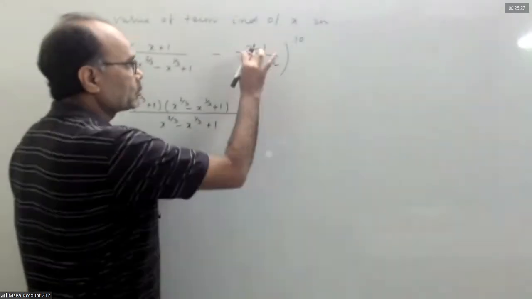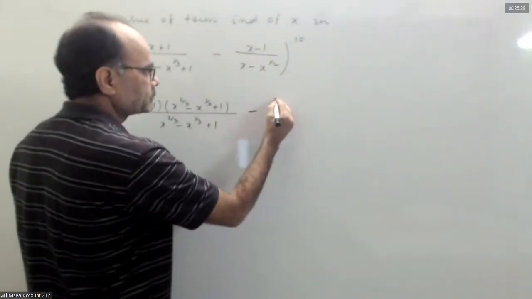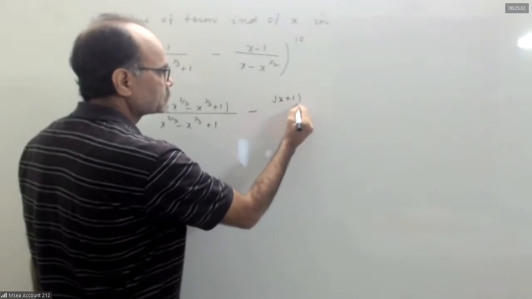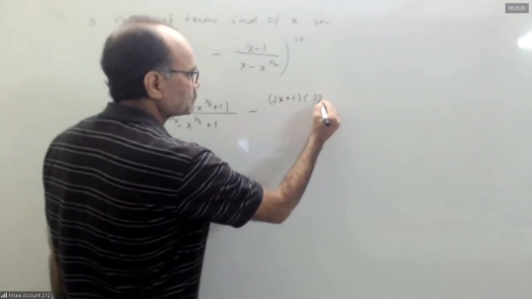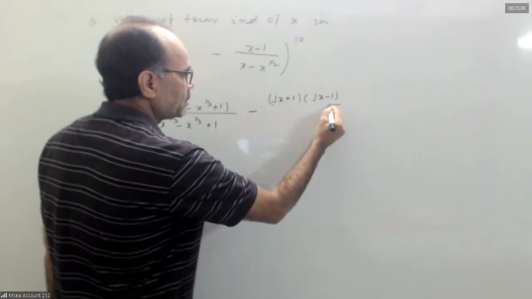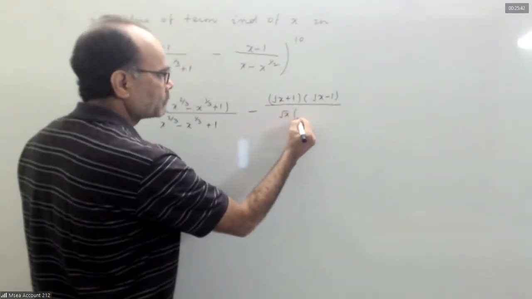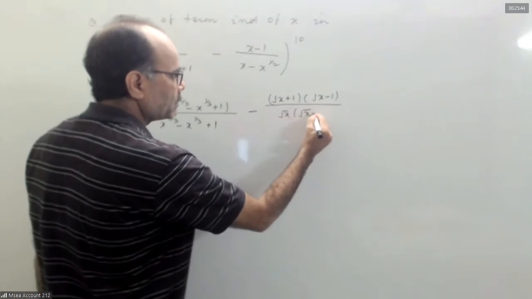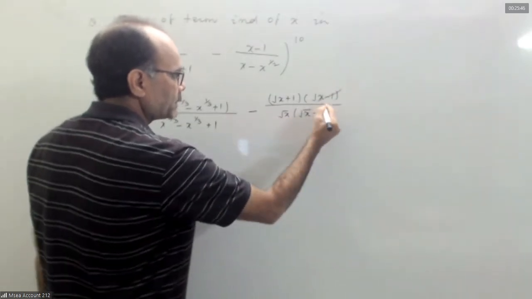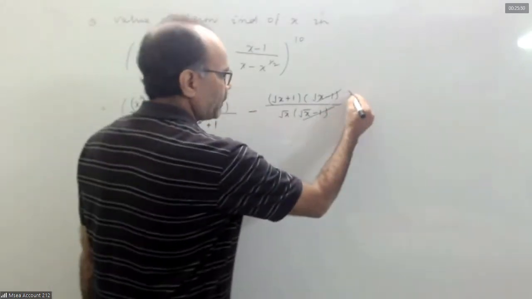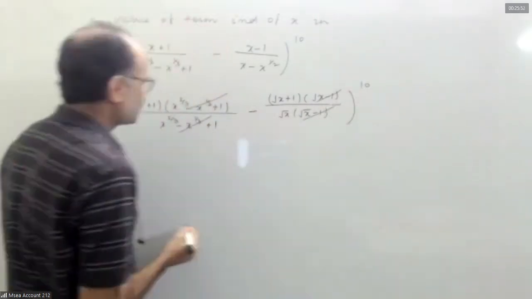Here x square, root x whole square minus 1, divided by, take root x outside, root x minus 1 gets cancelled, whole to the power 10. Now it becomes simple.